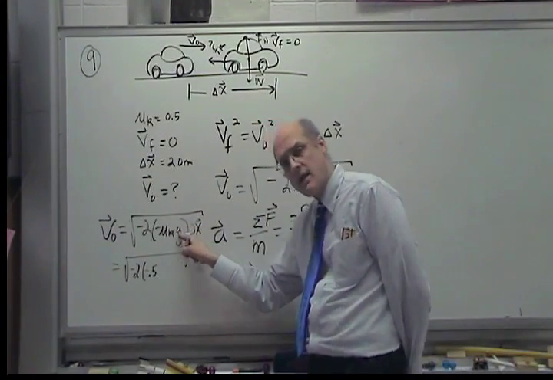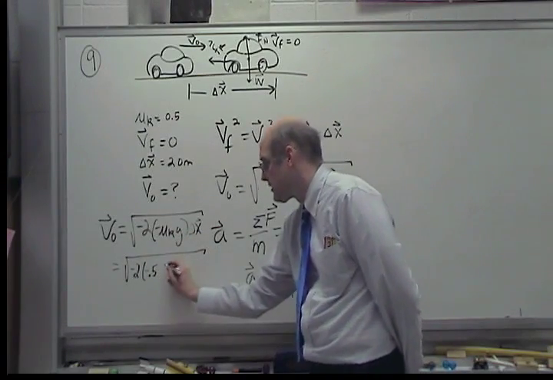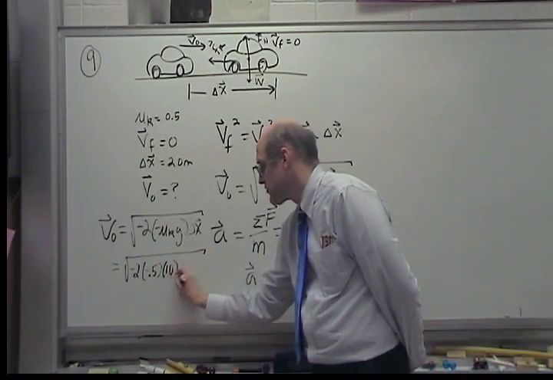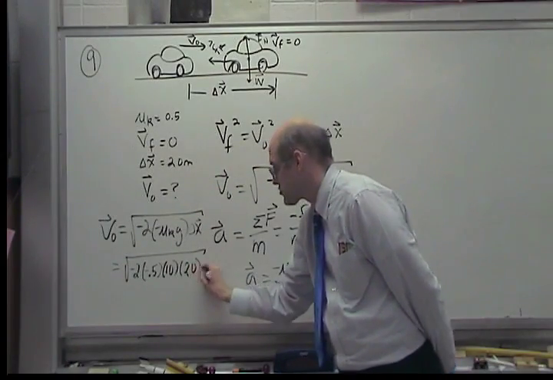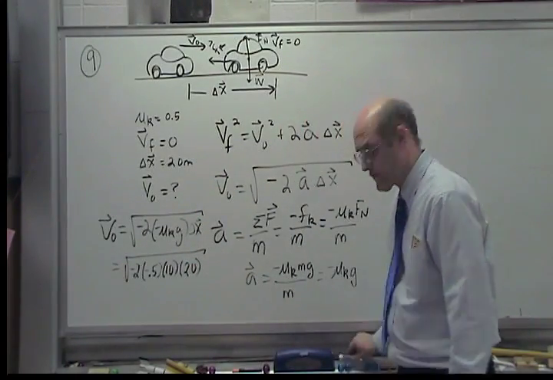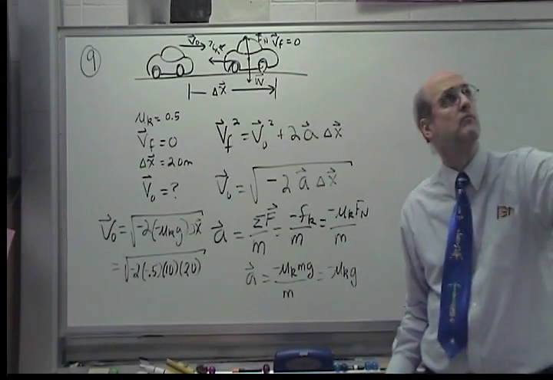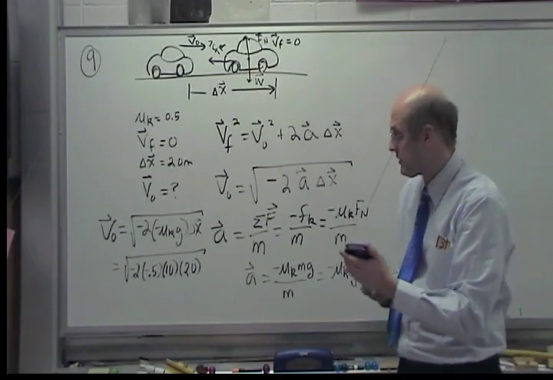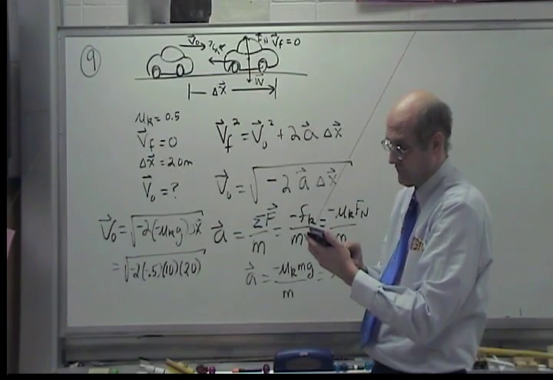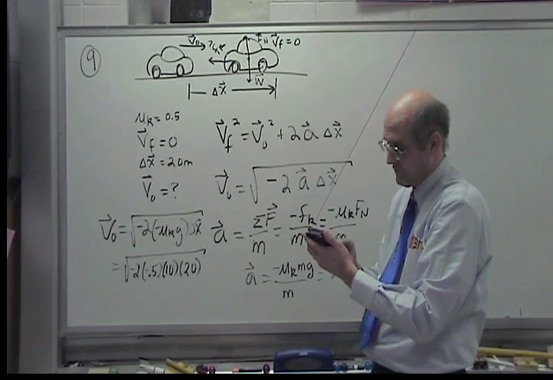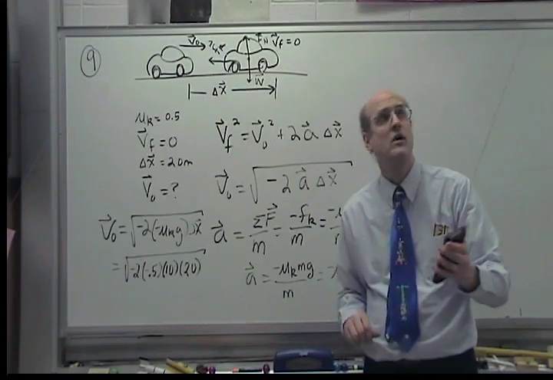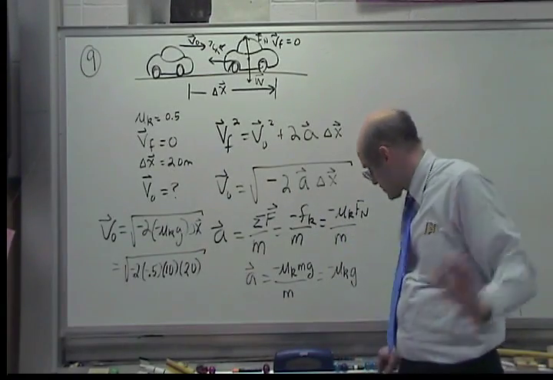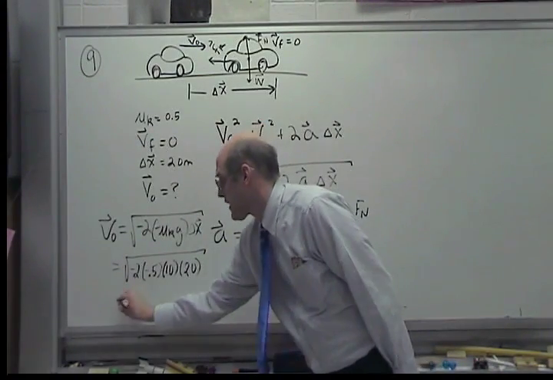So this is just the magnitude of the acceleration due to gravity. So we'll use 10 multiplied by delta x, which is 20. For this, I'm going to use a calculator. I get 14.14 meters per second is the velocity of the car.